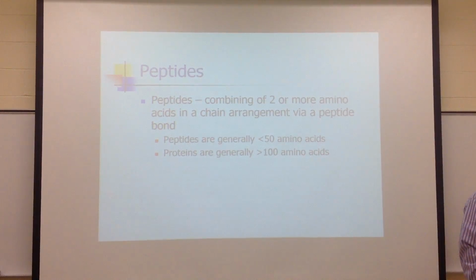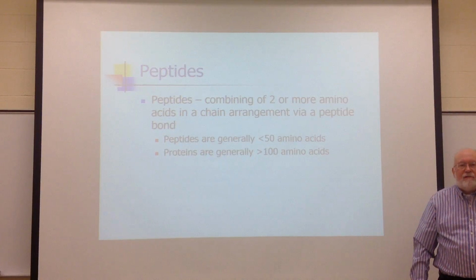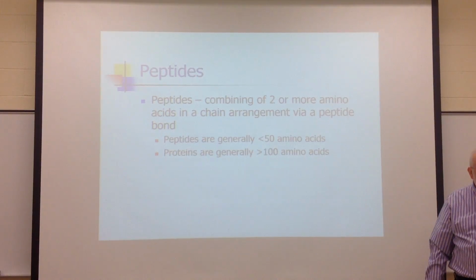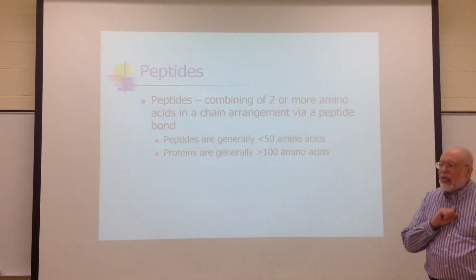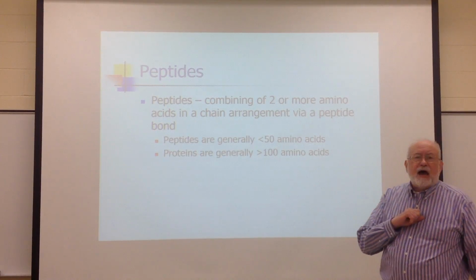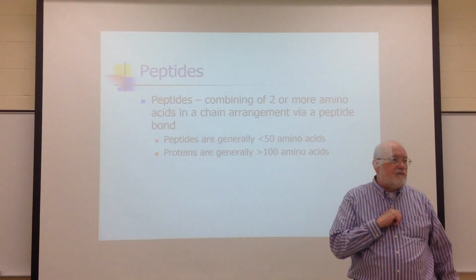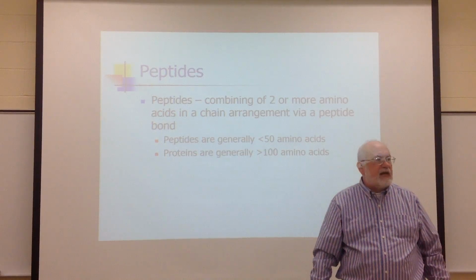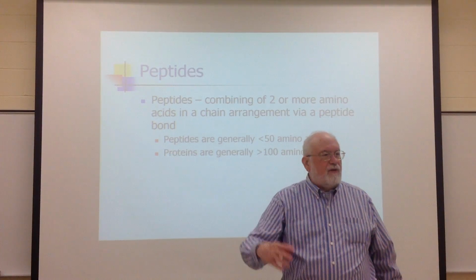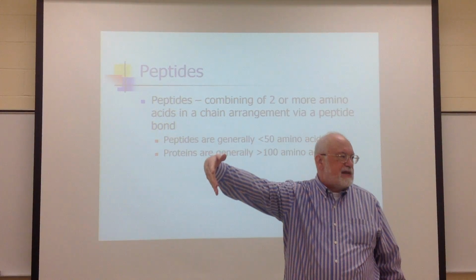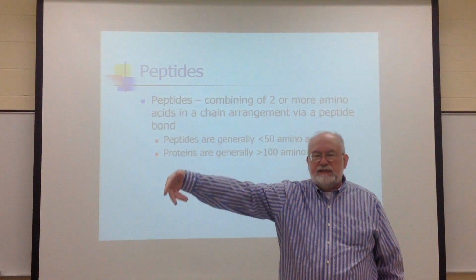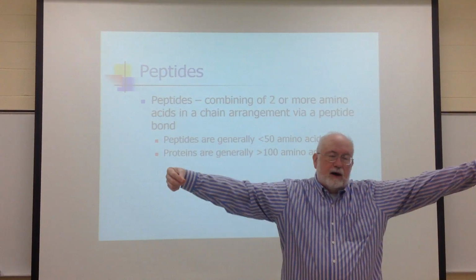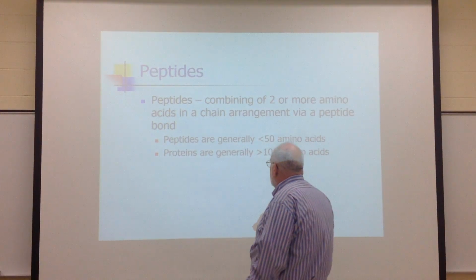So in a peptide or protein, between the adjacent amino acids, you're going to find peptide bonds. Now, how do we get them? Well, peptide bond formation is a kind of dehydration synthesis. You take out a molecule of water every time you stick two amino acids together. And if you add another amino acid on, you're going to have to take out another molecule of water, and so on down the line. And we're just stringing them together. It's beads stringing again, one right after the other, in what starts off as a linear chain.